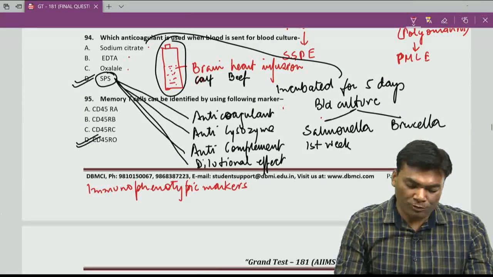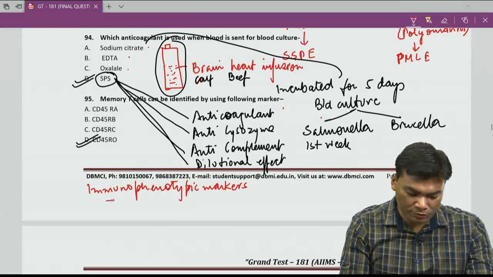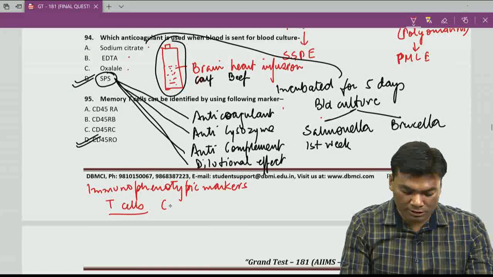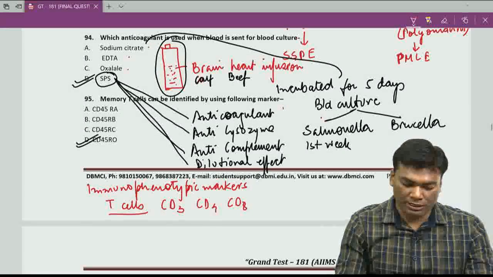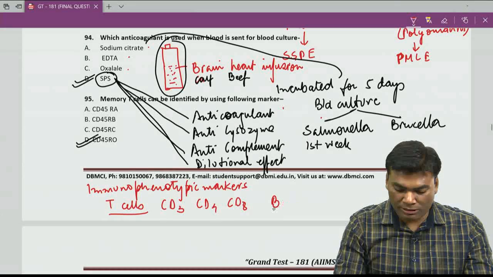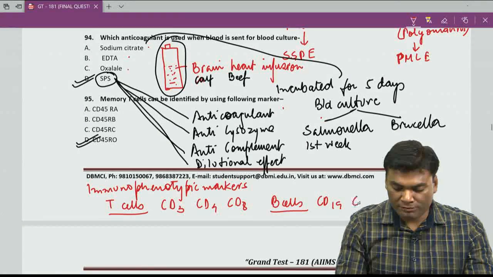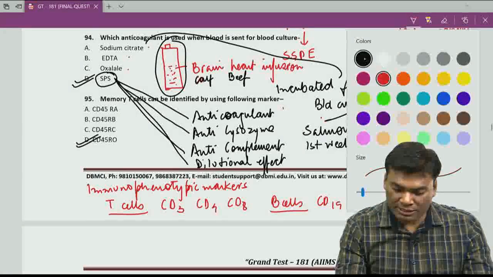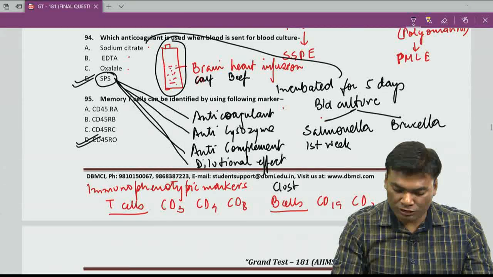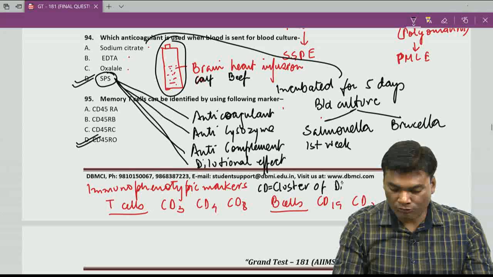Which are the important ones? For T cells, the markers are CD3, CD4, CD8, right? For B cells, the markers are CD19, CD20 and CD21. Now what is this CD? CD stands for cluster of differentiation.